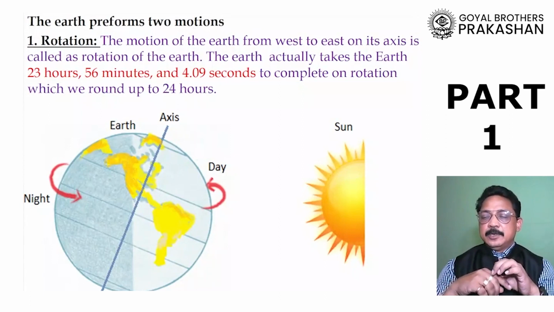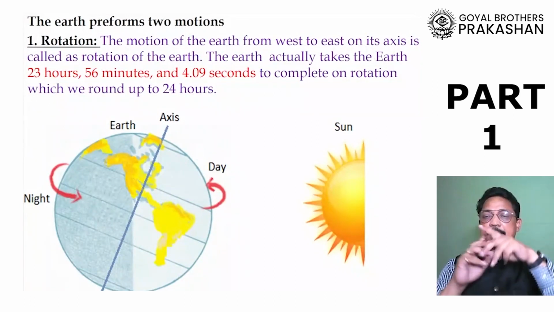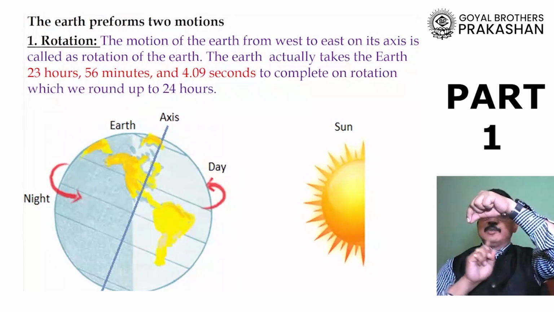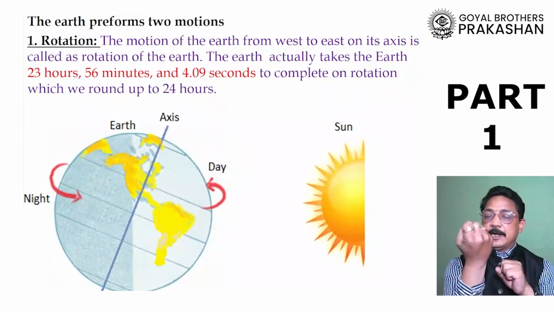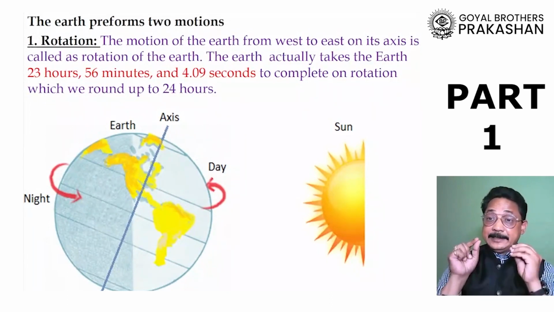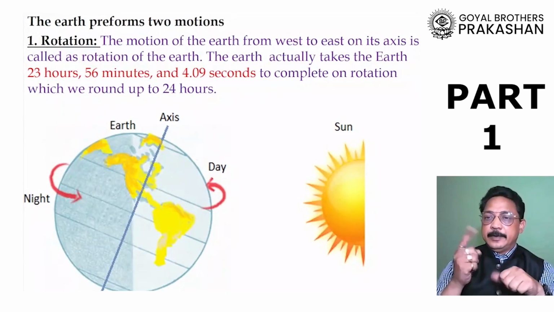You must have heard from your childhood that earth requires 24 hours to complete one rotation. One rotation requires how much time? 24 hours. But in reality, the exact time is 23 hours, 56 minutes and 4.09 seconds.